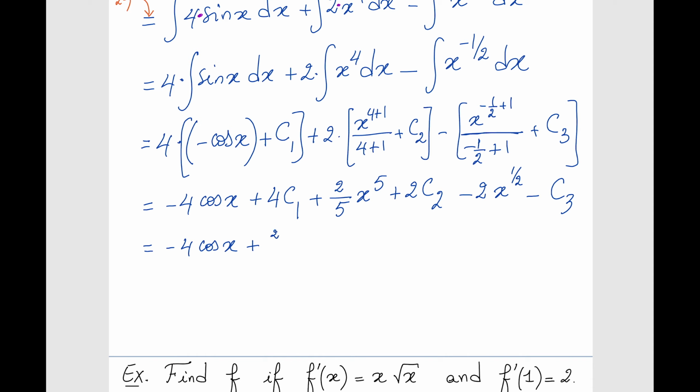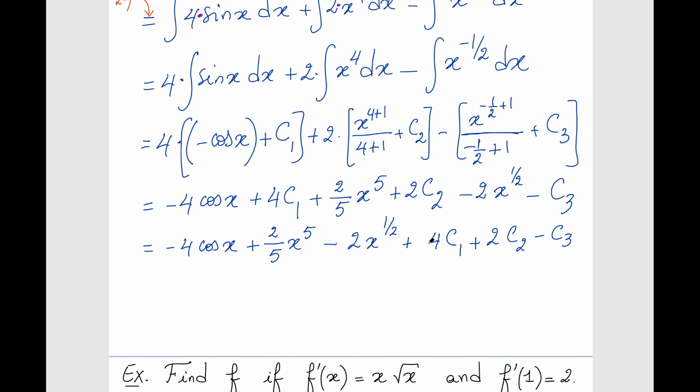Plus 2 over 5 x to power 5 minus 2x to power half. These are all the terms in terms of x. And then I'm going to have the constants. So plus 4c1 plus 2c2 minus c3.